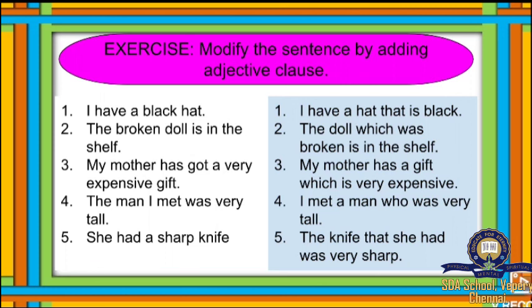I hope you would have seen in these examples. So I'm sure you would have understood the difference between an adjective and an adjective clause. And now I'm sure you will be able to change the sentence from having just the adjective to an adjective clause.